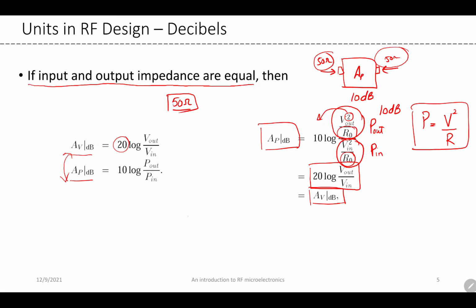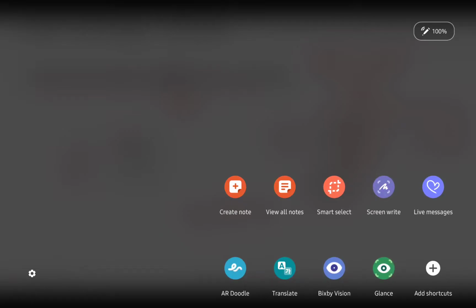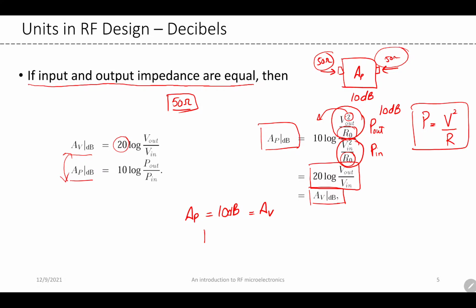Now if AP is 10 dB, which is also equal to AV, that does not mean P2 by P1 equals V2 by V1.